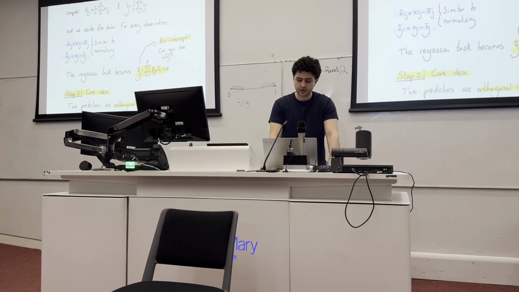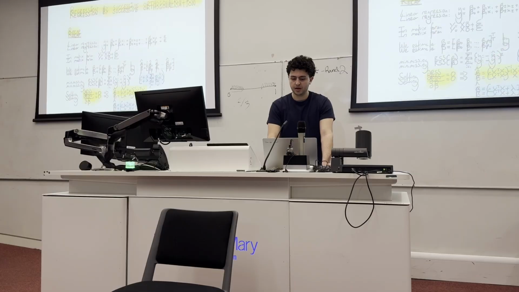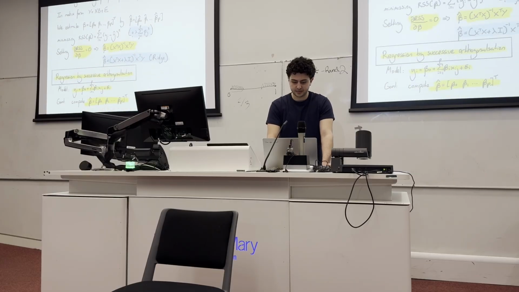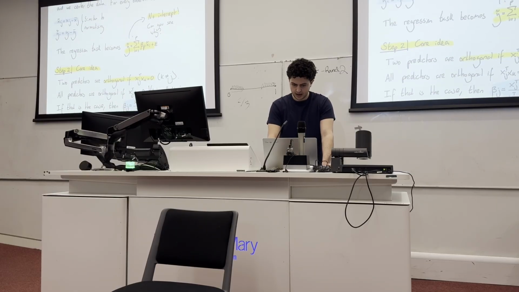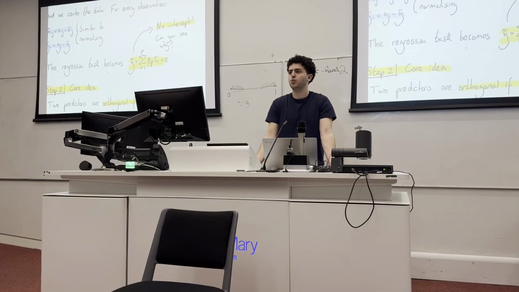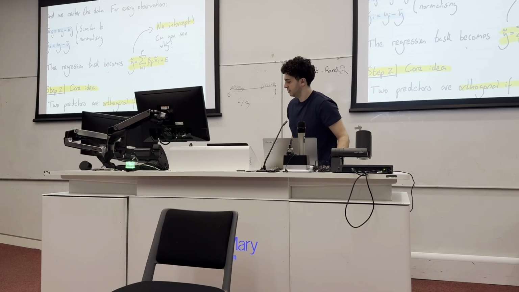Okay, so we're going to go into the core idea of successive orthogonalization. Just before we get into this, does anyone know what two orthogonal vectors are? We did cover that in my math module, but I do not particularly remember. Is that the one which means when you change them they are the same? Wait, I'll draw it.